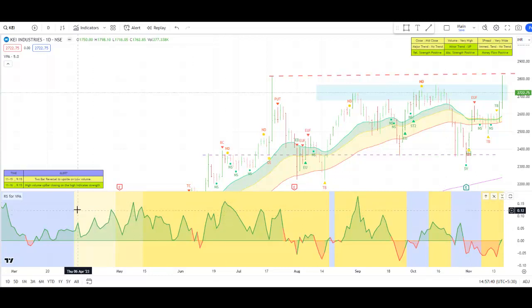That is, the light shade indicates that the short term trend is up, the medium shade means the medium trend is up, and if it is a darker shade, the long term trend is up, or the strength of the index itself on a long term basis is good here.